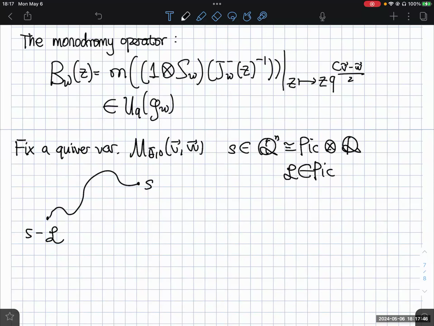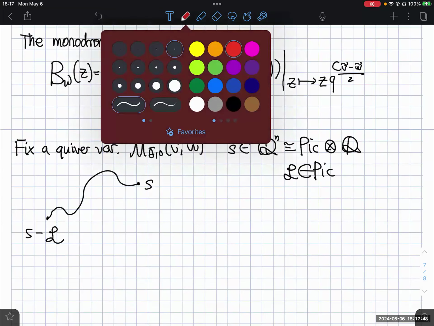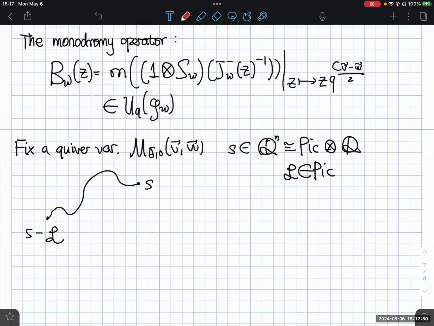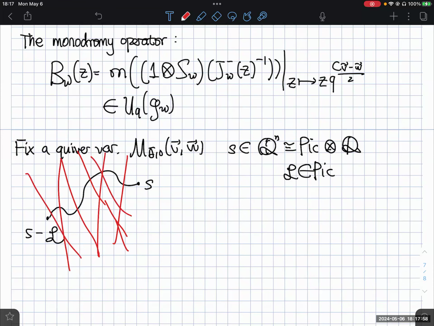And we can see that this path in the Kähler space will intersect with finitely many of the walls.